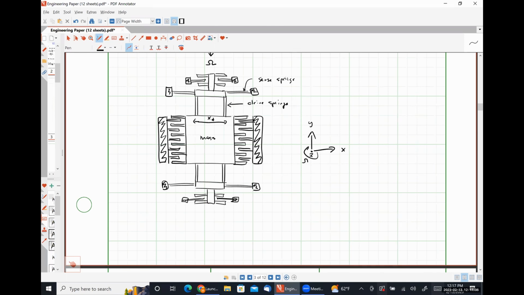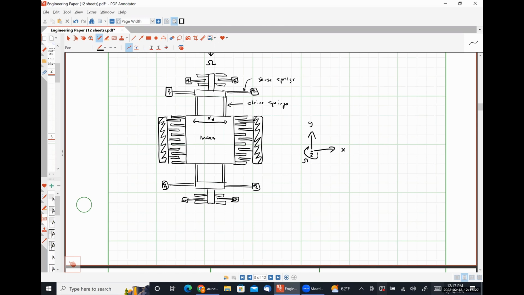Okay, so which one is sensitive? Vertical, so in the Y direction, right? Okay, that's what I thought. Yeah, you said vertical, that's my fault, vertical on the page, but not vertical out of the page.